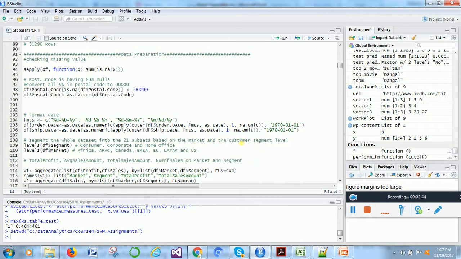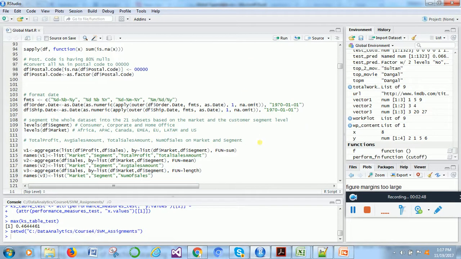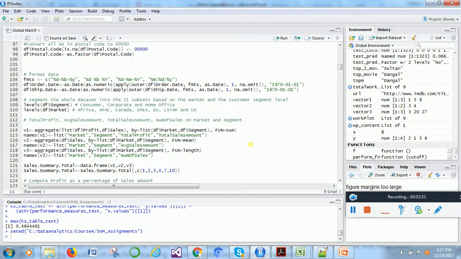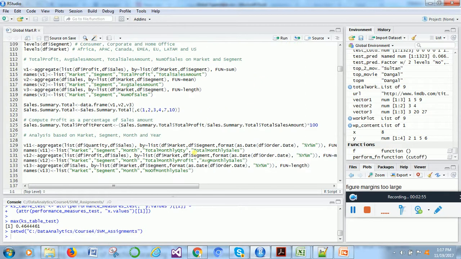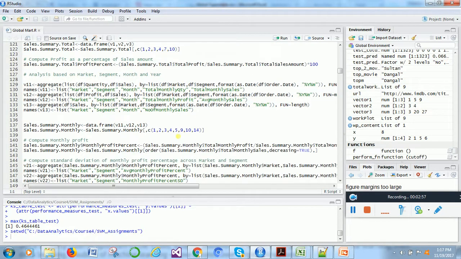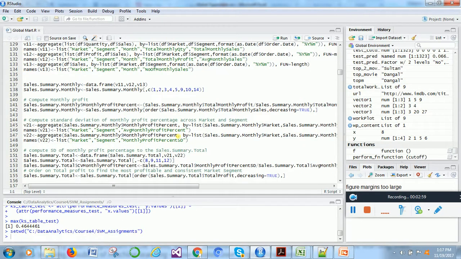We have to figure out how much the sales are every month, quantity wise and the amount also. So we go about finding the monthly trend data, monthly profit data, monthly sales quantity, and also the standard deviation of monthly profit percentage. That will tell us whether the profit was consistent in certain segments or not.